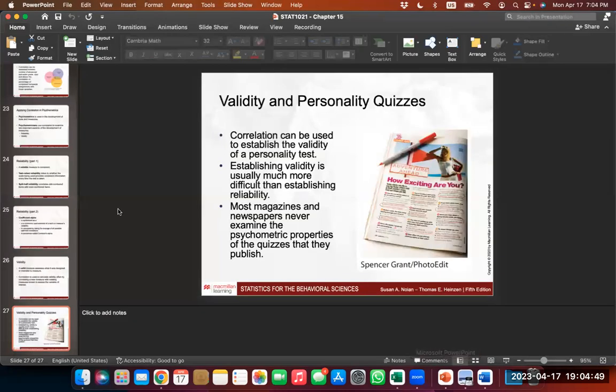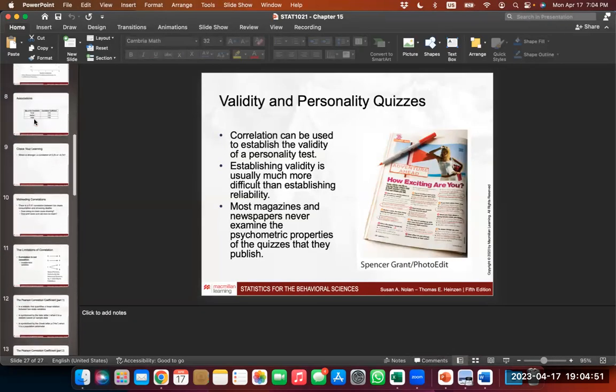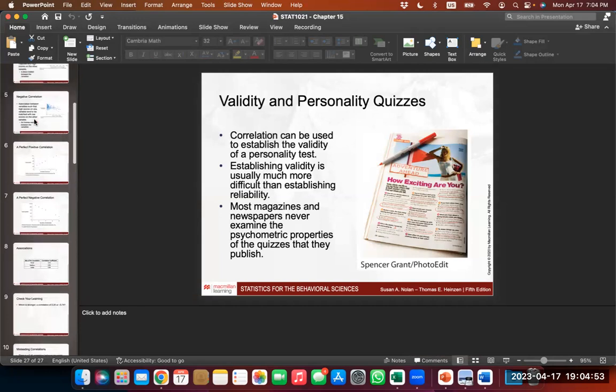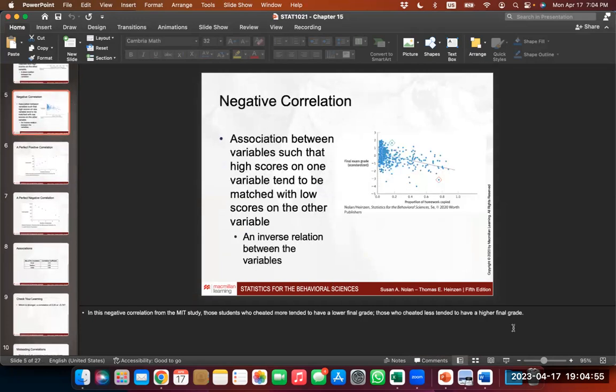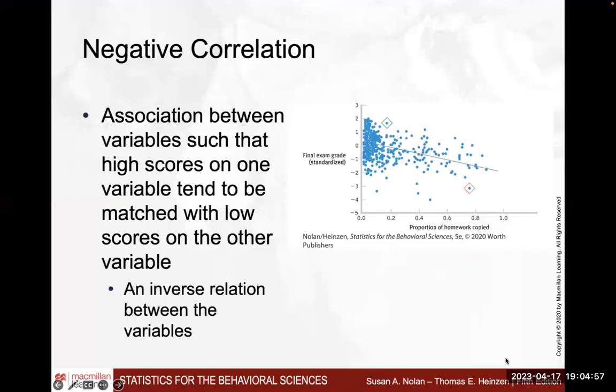Which is funny, because Nolan and Heinzen give you an example, and I didn't want to mention it first. This graph is actually violating exactly that principle, because you have so much variability and so much data here, whereas here you do not have this data.